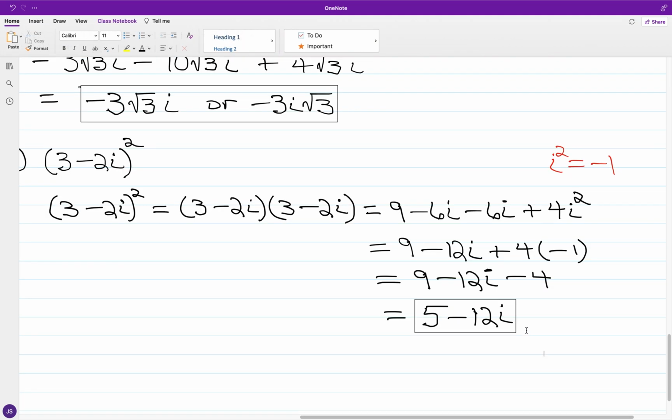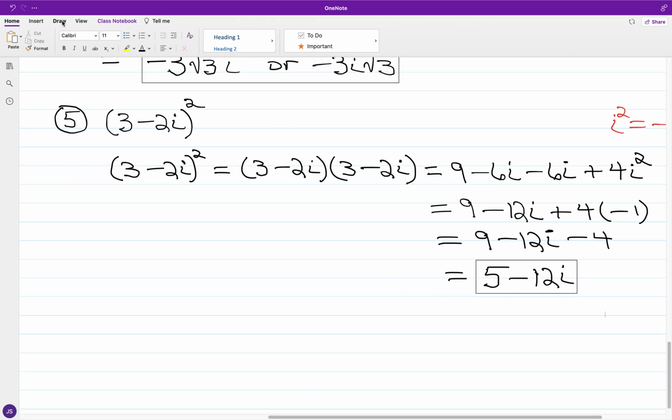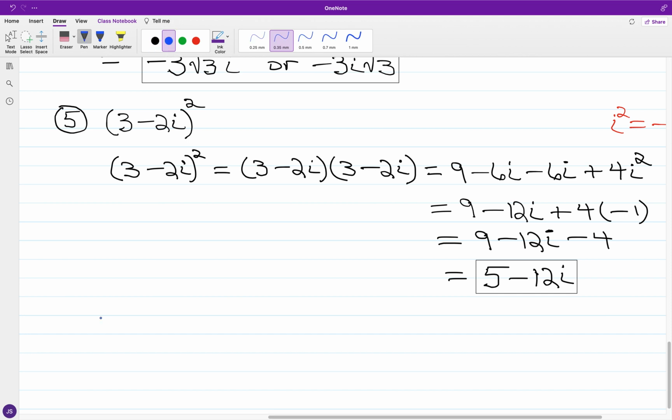And now, in looking at what we can do for the next few moments in terms of working with complex numbers and working with radicals in the mix.